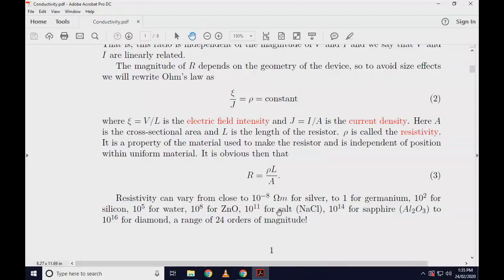We go to the crystal salt, so this is a crystal of salt. We try and measure the resistivity of that, it's 10 to the 11. We go to sapphire, which is an insulator, 10 to the 14. We go to the diamond, it's 10 to the 16. So this resistivity, this material property, spans 24 orders of magnitude, which is a huge variation of values.